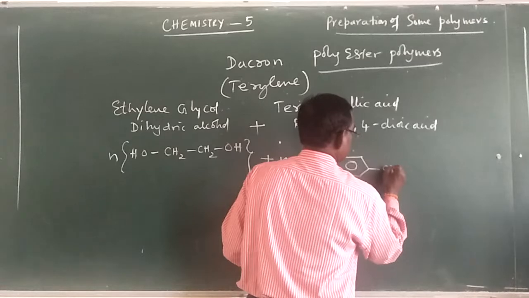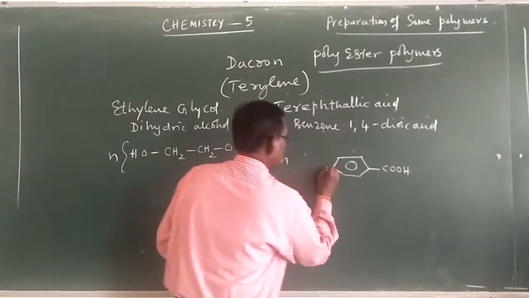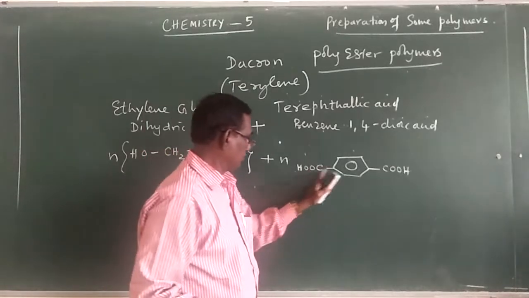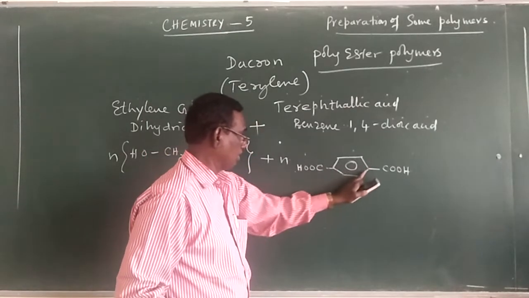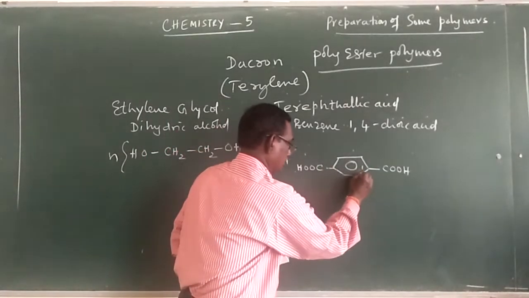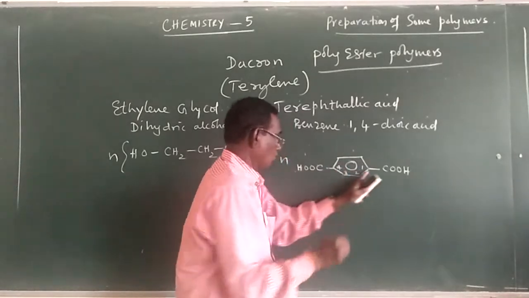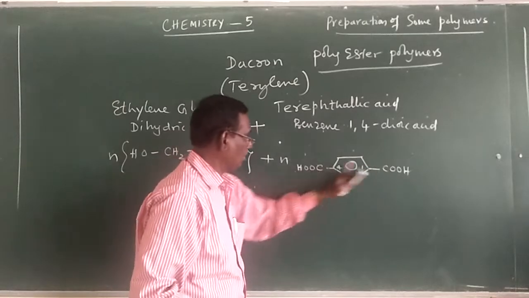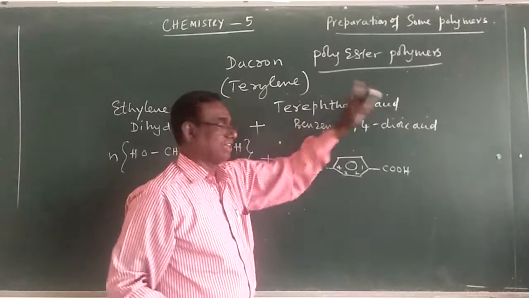This is COOH and it is also COOH. That is benzene 1, 2, 3, 4, you see. One carboxylic acid group at position 1, and the fourth position also has a carboxylic acid group. That is 1,4-dioic acid, called terephthalic acid.